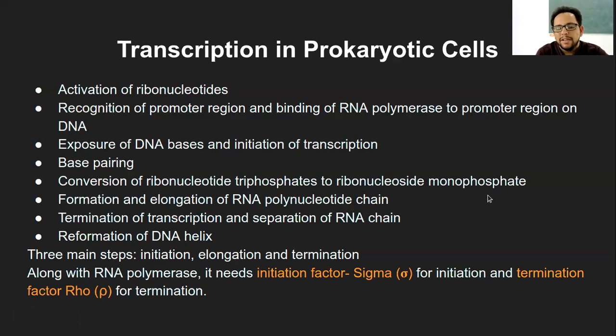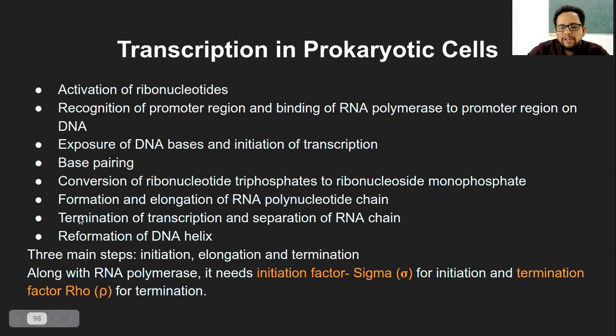Again, the same as we had seen in the case of DNA. Triphosphate becomes monophosphate, and then the neighboring nucleotides are joined together with each other, forming a stretch of one molecule. Similar thing happens here, but it is an RNA polynucleotide chain.